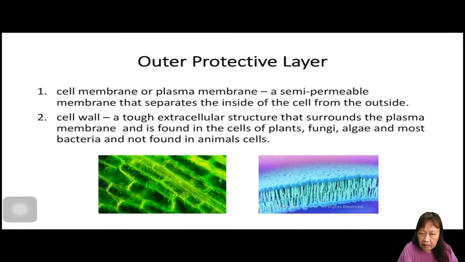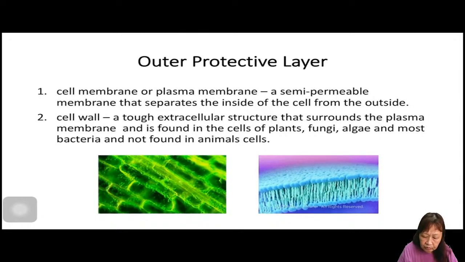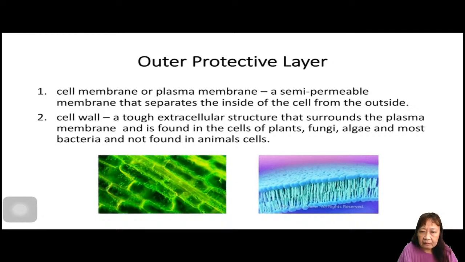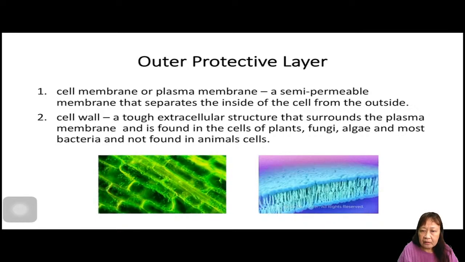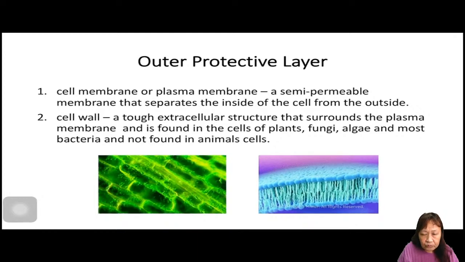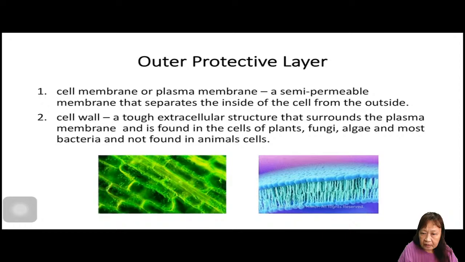So we have a semi-permeable membrane that separates the inside from the outside of the cell. Semi-permeable simply means that not every molecule can pass through the cell and come in. Normally, the essential molecules that can come in are water and oxygen, which is used for respiration.